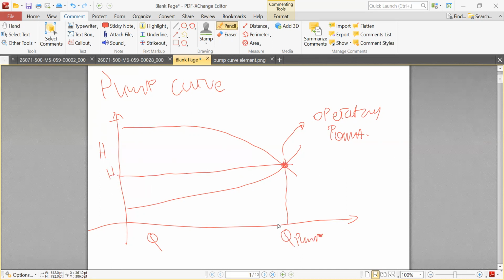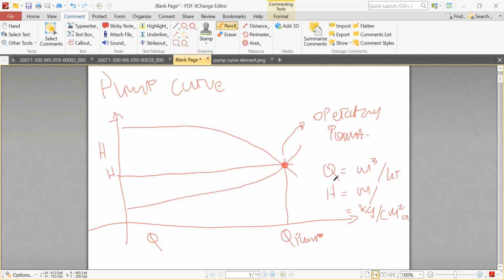So here we have two parameters: Q in cubic meters per hour, and head in meters. The meter is the static head, and for the pressure unit, we can say kg per square centimeter or atmosphere.